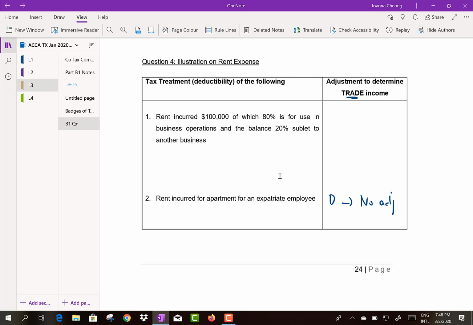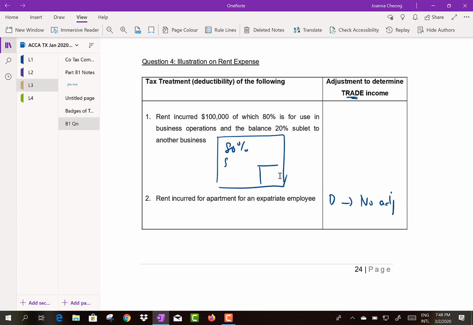Okay, now let us go back to the number 1. Rent incurred 100,000, of which 80% is for the use in the business operation and the balance 20% you sublet to another business. Oh, what does it mean? So for example, you have this space here. Alright, you incur 100,000 to rent this space. 80% of this space is for your business.